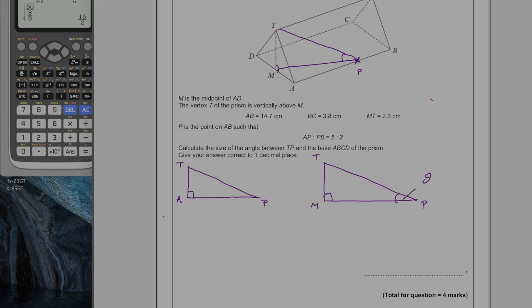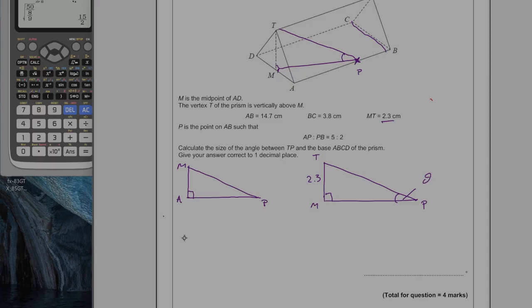Let's put in the dimensions that we've got. We know MT is 2.3, so that length there is 2.3. We know that BC, this length here, is 3.8, which means D to A is 3.8 as well, which means A to M is half of that.